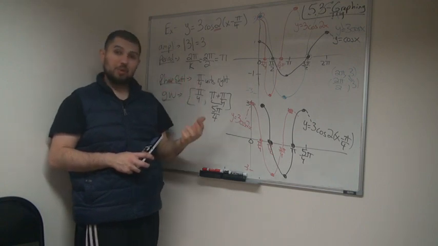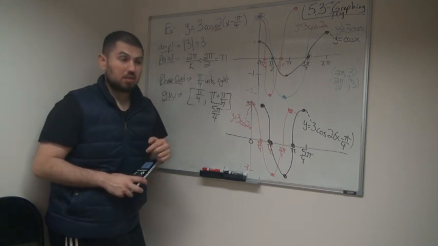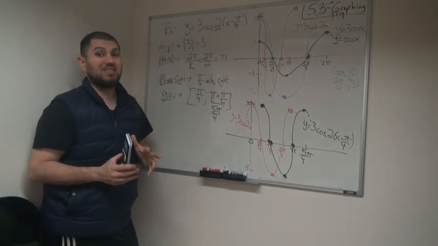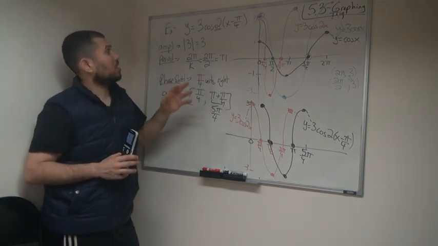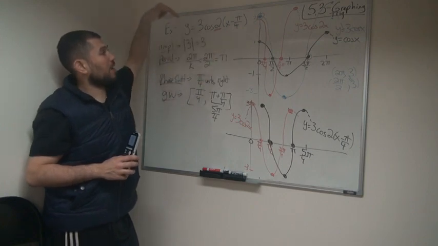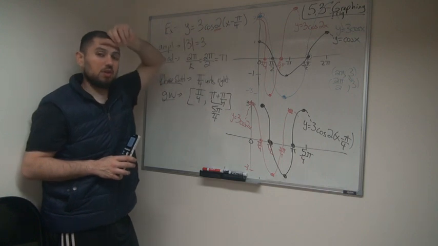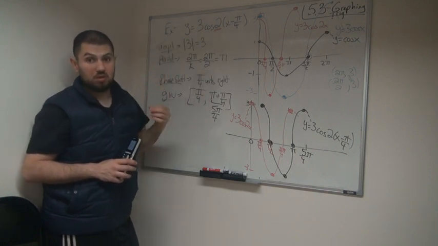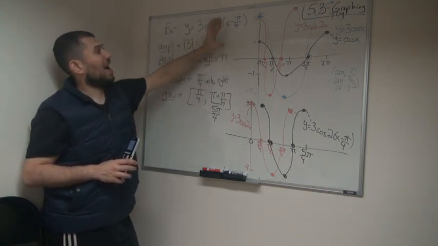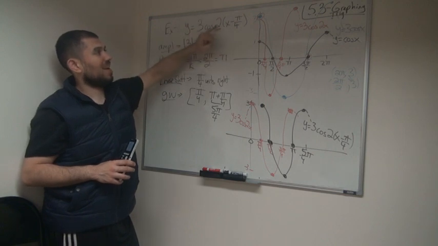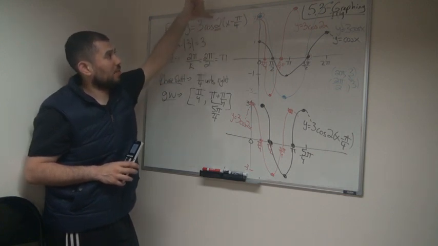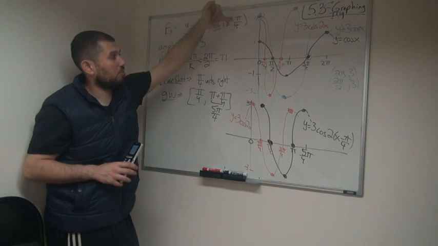Now, what a lot of people do incorrectly, that's why I'm pointing it out here, this is a common mistake, is on their calculator they will type in 3 cosine 2x minus pi over 4. That is wrong. The 2 outside the parentheses again implies that if I were to bring it inside, I would have to distribute it to both terms.